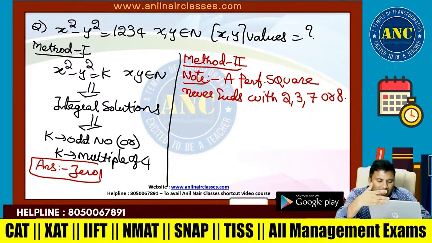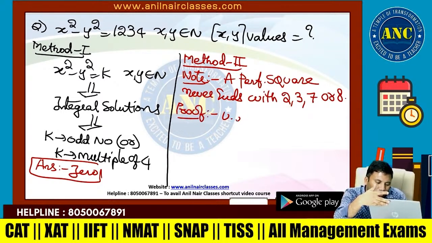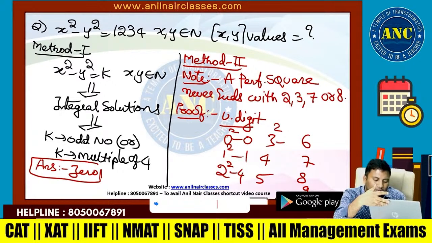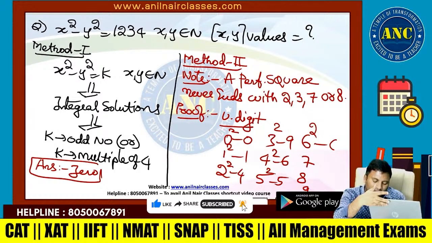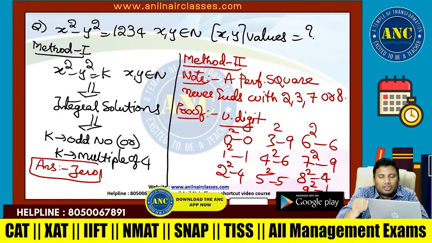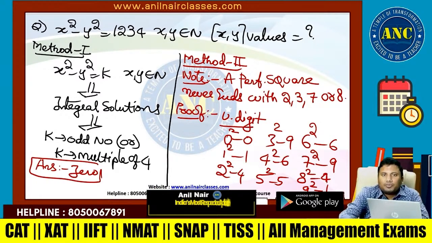I'll write down the proof also here, in case you are watching it for the first time. 0, 1, 2, 3, 4, 5, 6, 7, 8, 9. 0 square 0, 1 square 1, 2 square 4, 3 square 9, 4 square 16, 5 square 25, 6 square 36, 7 square 49, 8 square 64, 9 square 81.